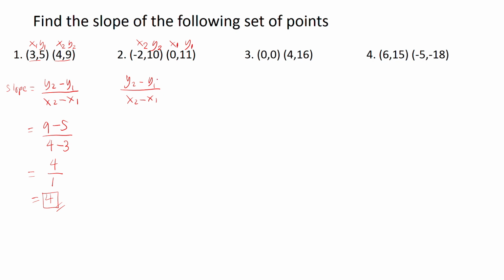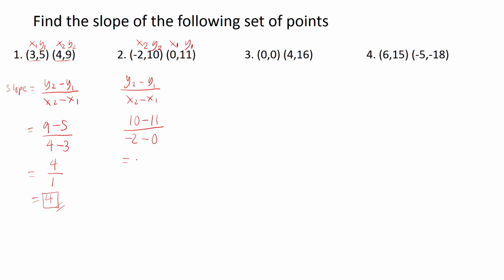Now, using our formula, let's replace the values. What's the value of y sub 2? Y sub 2 is 10. What's the value of y sub 1? That is 11. So, minus 11 all over. What's the value of x sub 2? Negative 2. And what's the value of x sub 1? That is 0. So, minus 0. Now, what is 10 minus 11?